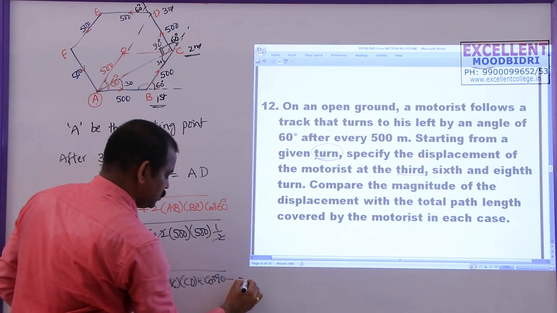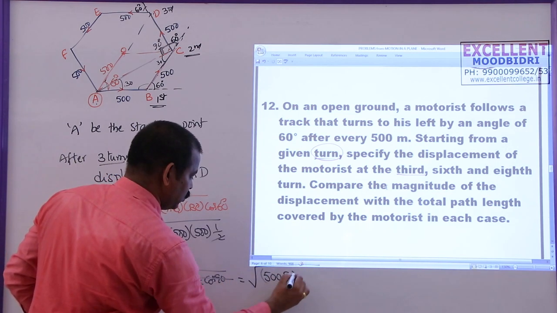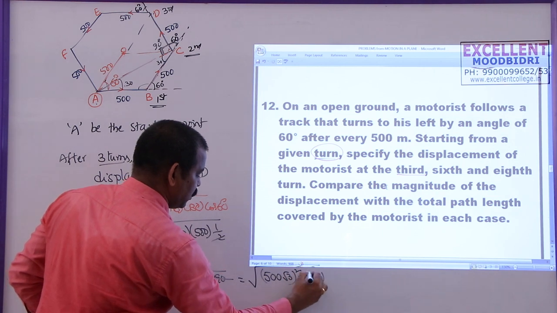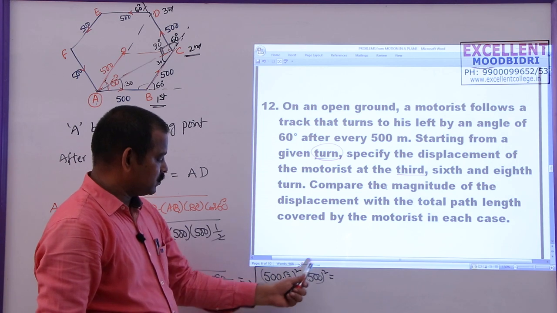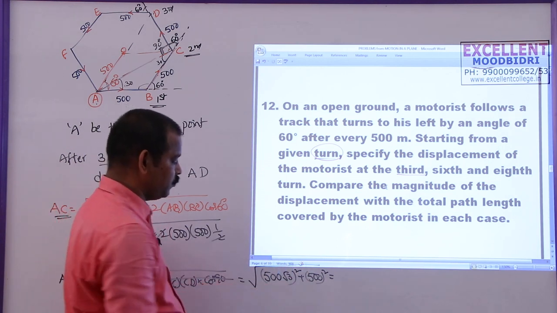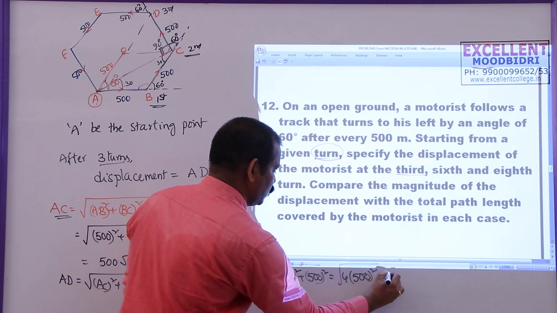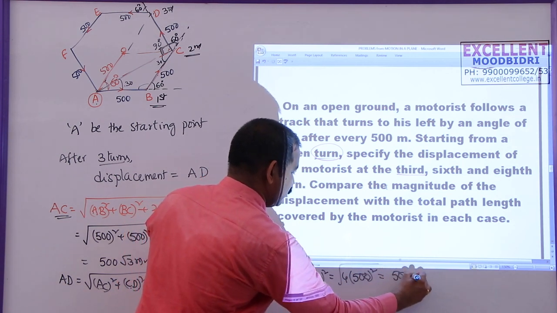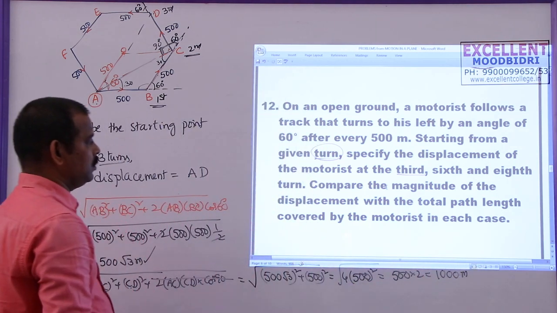CD is equal to 500. So this will be root over 500 root 3 whole square plus 500 square. So this is 500 square, root 3 whole square means 3, 3 plus 1, 4. So this is 4 into 500 square under root, which can be written as 500 into 2. So this is 1000 meters or 1 kilometer.